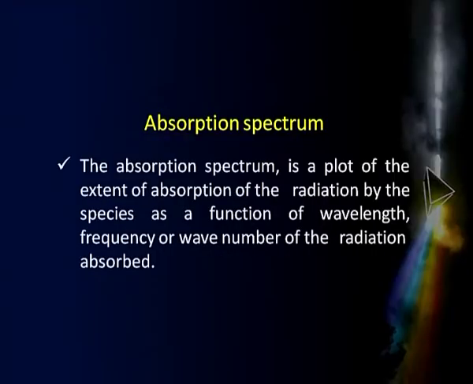But for right now, what I want to talk to you about is what an absorption spectrum is, how it looks, what it means to us. Let us see. Now, an absorption spectrum basically is a plot of the extent of absorption of radiation by the species or the molecule in particular, or maybe an atom or molecule, as a function of wavelength, frequency or wave number of the radiation being absorbed.